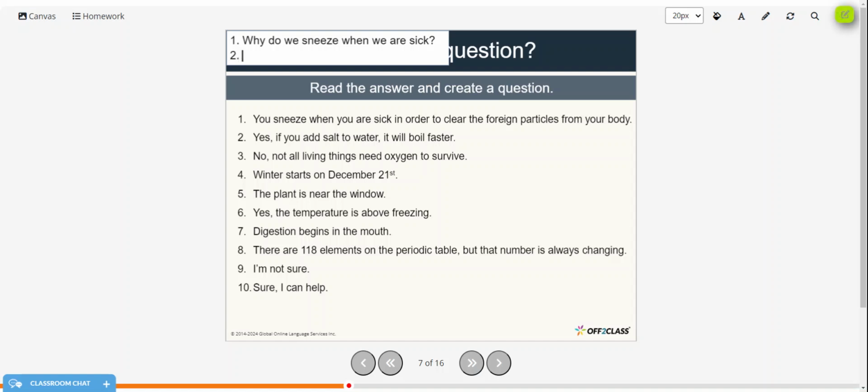Yes, if you add salt to water, it will boil faster. Okay, so you could say, does salt water boil faster? No, not all living things need oxygen to survive. So do all living things need oxygen to survive?